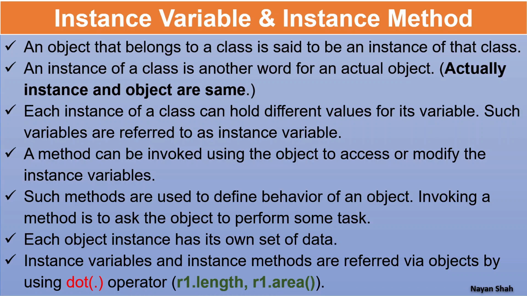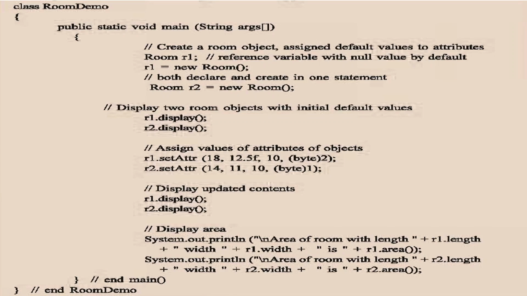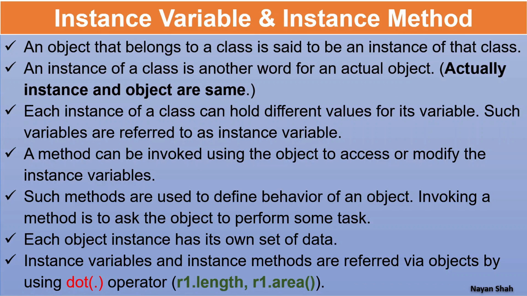So we invoke a method, we call a method, we run a method using the object. As you can see here, using the object we call the methods r1.area, r1.display, r1.setAttribute. So we invoke a method using the object to access or modify the instance variable.